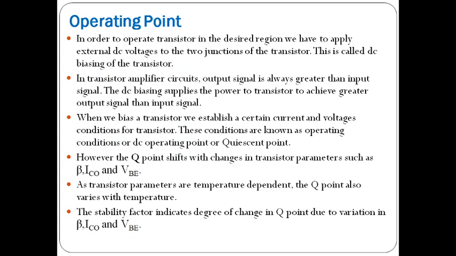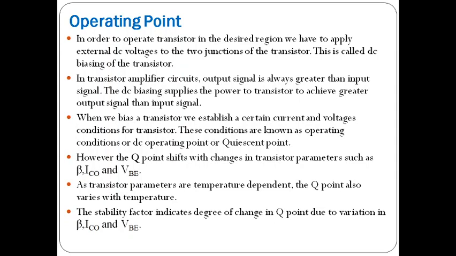So how can we define this? The Q point is not stable because it is varying with the transistor parameters, that are beta, the forward current gain, ICO, the reverse saturation current, and VBE, the voltage between base and emitter.